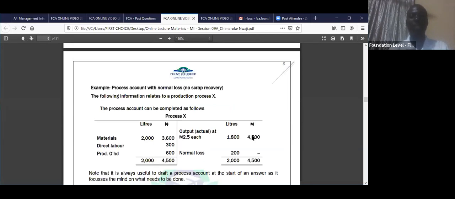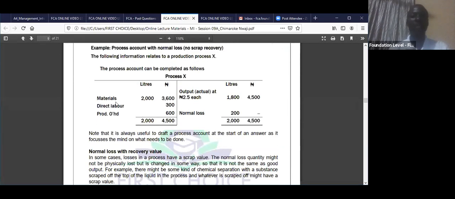So look at the process account now. We said the material was 2,000 liters, direct labor nothing, and direct production overhead. All of them we are working on the 2,000 units. And look at the process cost we have, 4,500. Now we want to allocate all of them at the other side. So this 2,000 here must remain 2,000 here, and 4,500 must remain 4,500.